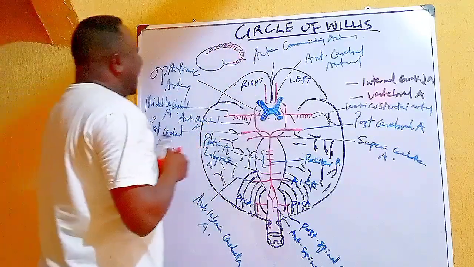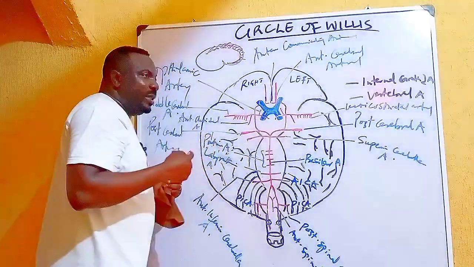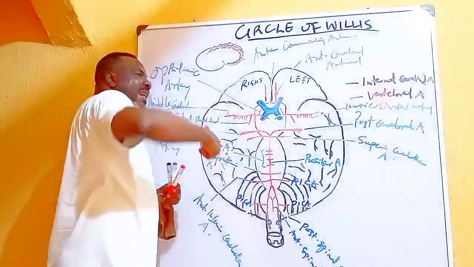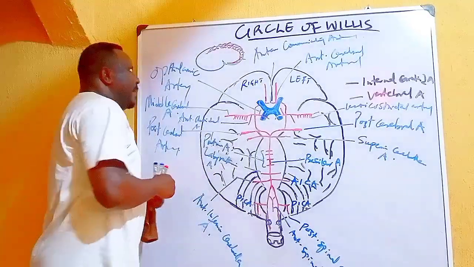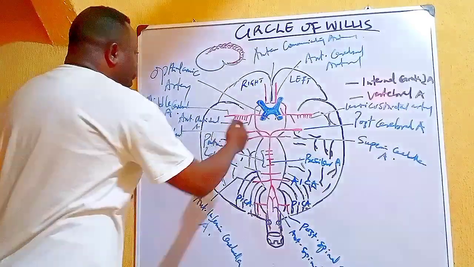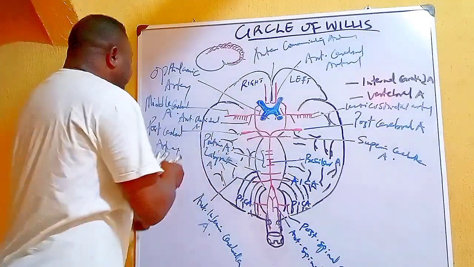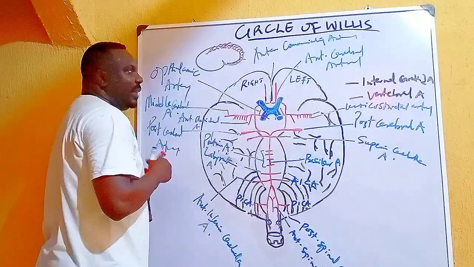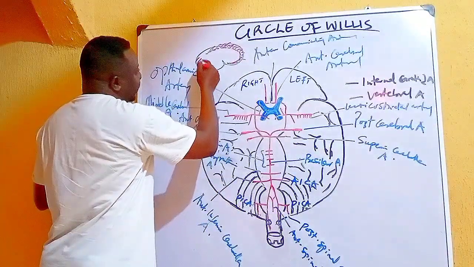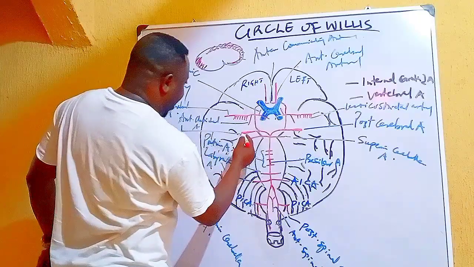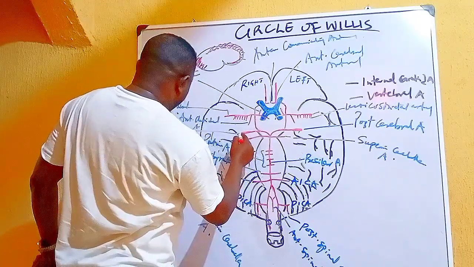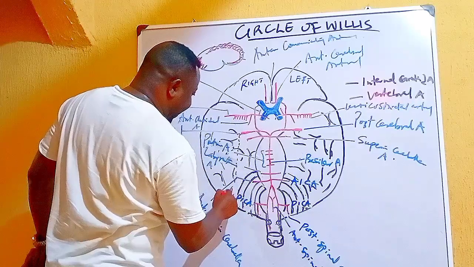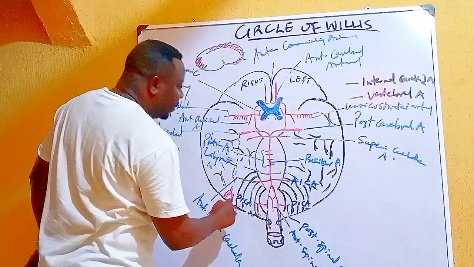The middle cerebral artery runs through the lateral fissure of the brain and supplies the lateral aspects of the cerebral cortex, whereas the posterior cerebral arteries supply the posterior part of the cerebral cortex, which is known as the occipital lobe. This is the posterior cerebral artery. It comes down here to supply the posterior part of the brain, which is the occipital lobe.